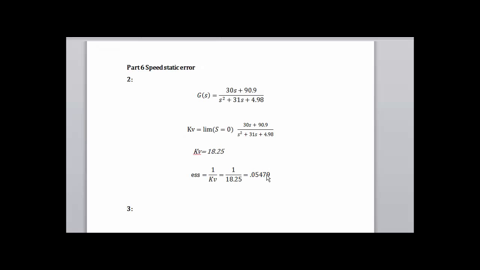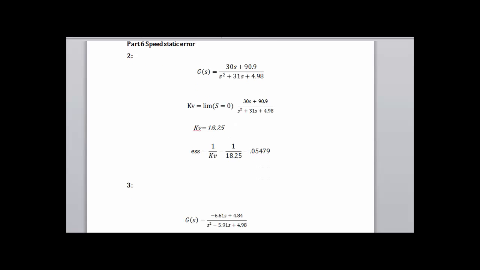Okay, so here we need to get the speed static error, and we have a G of s function, so we need to make the s in this function tend to 0. So if we make this value 0, we would get 90.9 over 4.98, and the result would be 18.25.